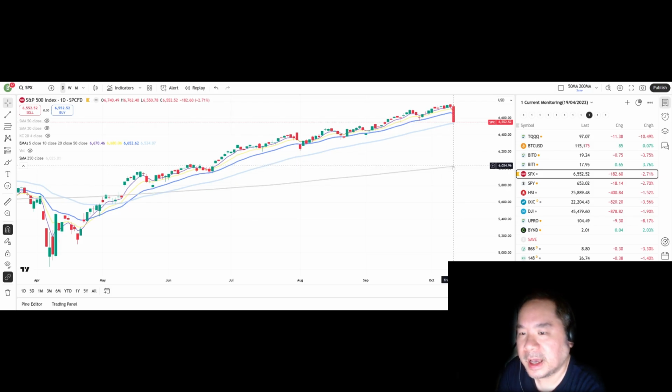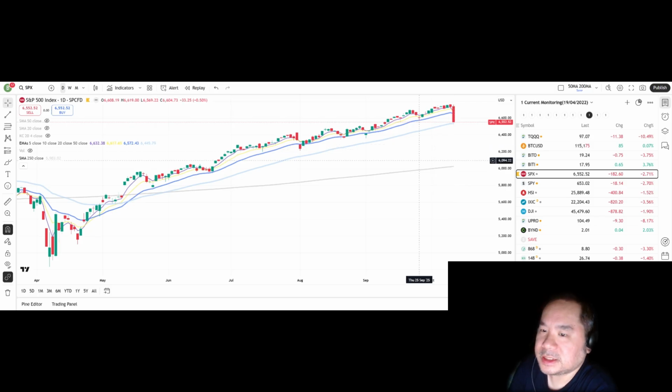These two are support areas, which I see will drop maybe 7% to 10%.